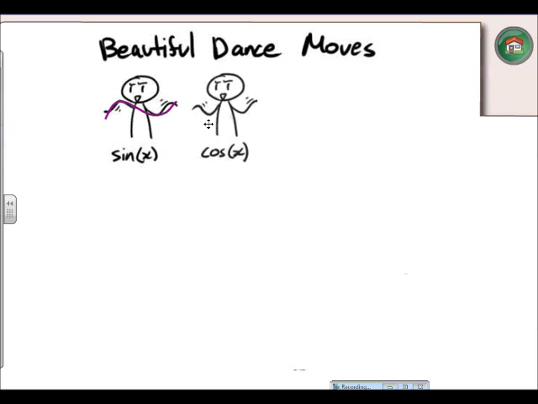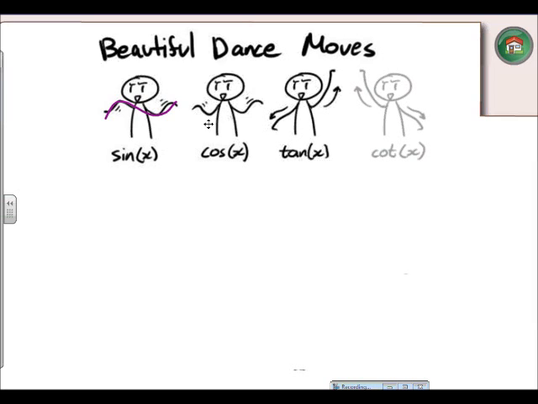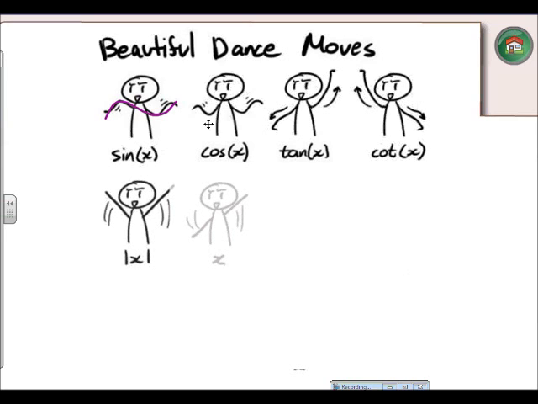And then we've got tan of x. And we've got cotan x. Hey, we've got the absolute value of x looking like that. I know you're dancing there. I should have put some music on for this part.